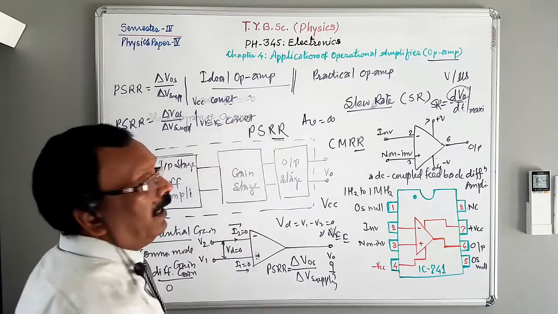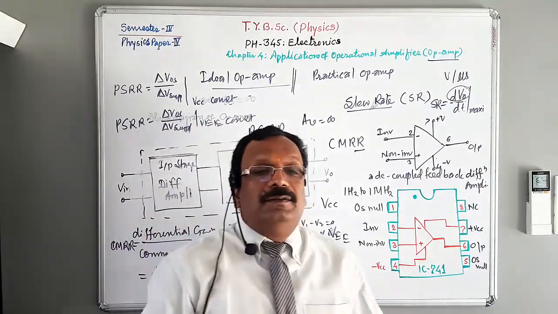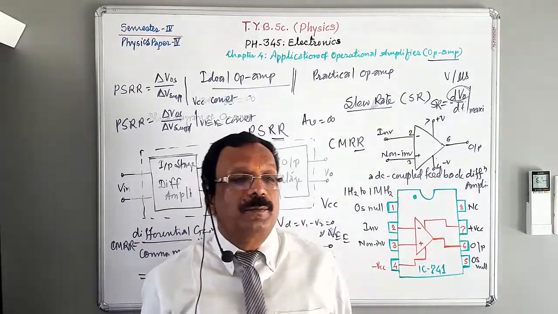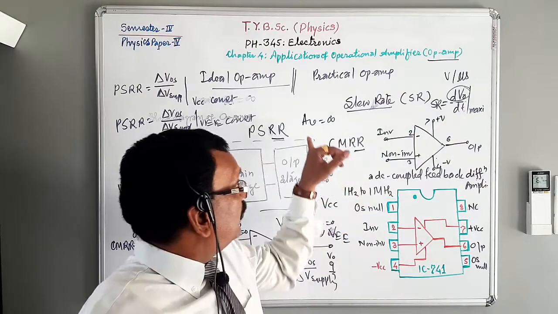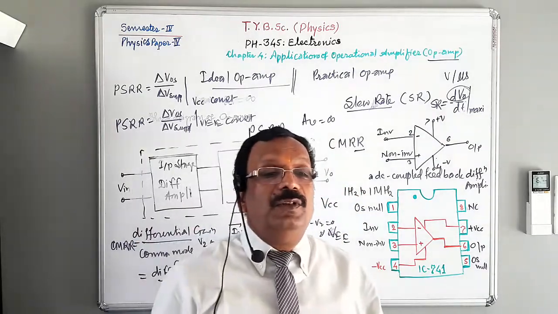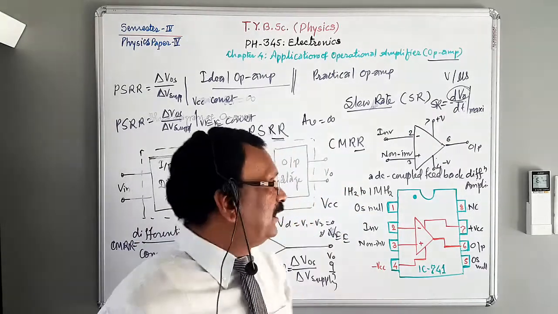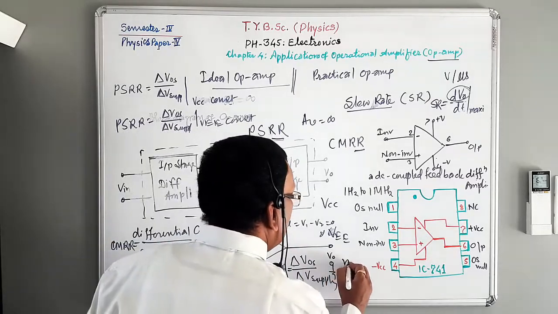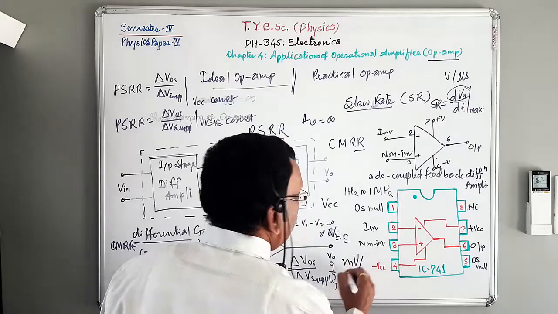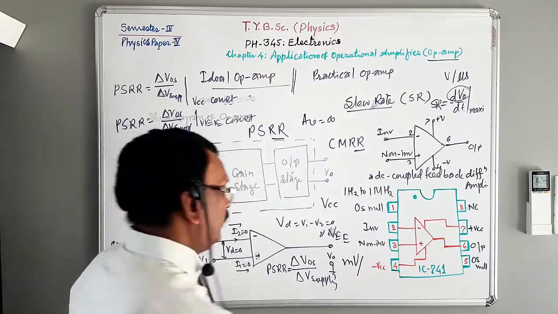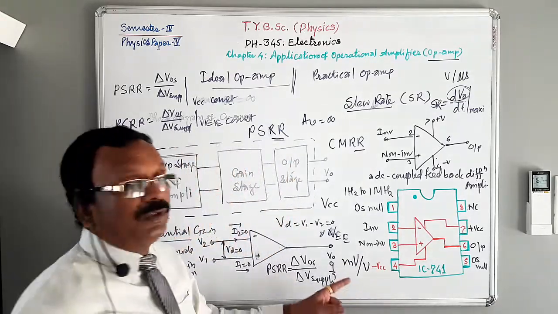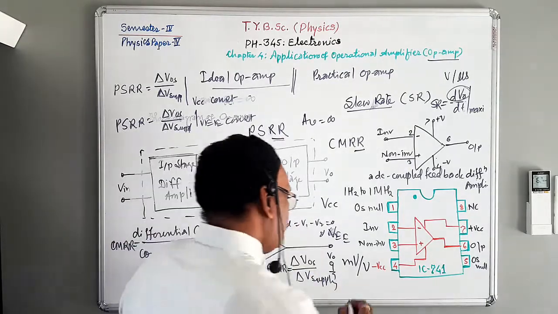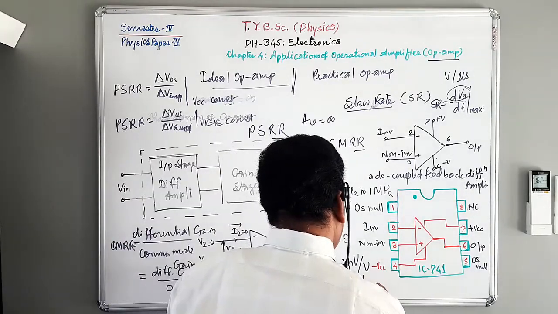This is provided by the manufacturer in their data sheet. This power supply rejection ratio is always expressed in millivolt per volt, or microvolt per volt.